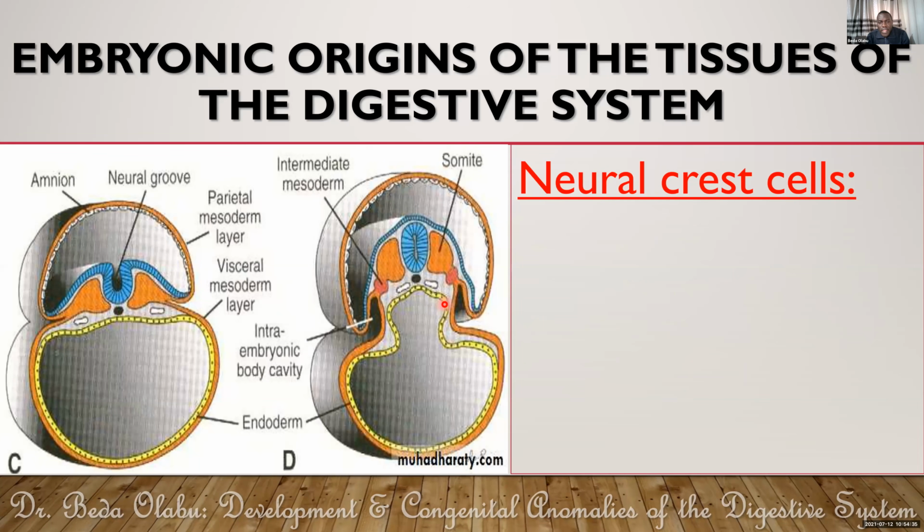The other entity of cells that give rise to some components of the digestive system are the neural crest cells. So you'll remember that when the neural plate undergoes neurulation, it will form the neural tube. But there are some cells of the neural plate that are not incorporated into the tube.